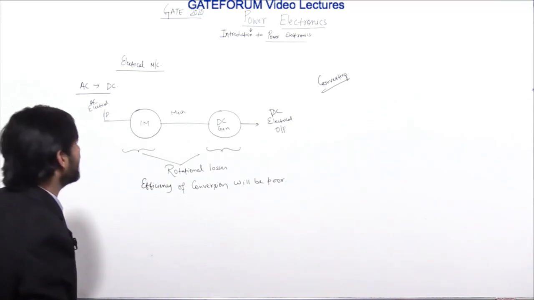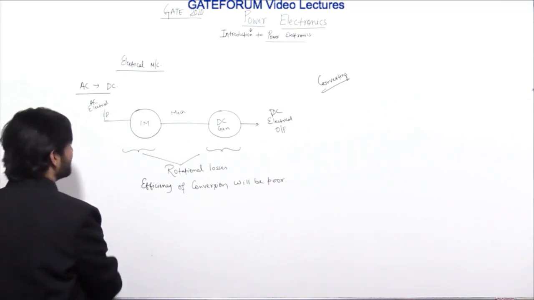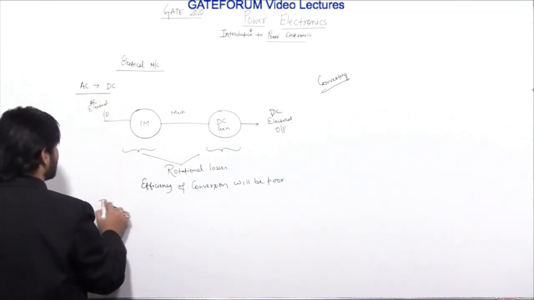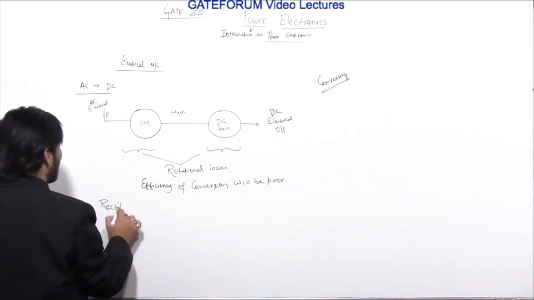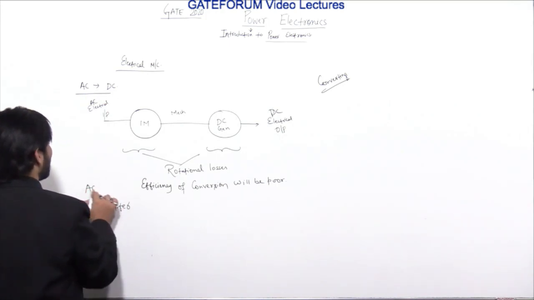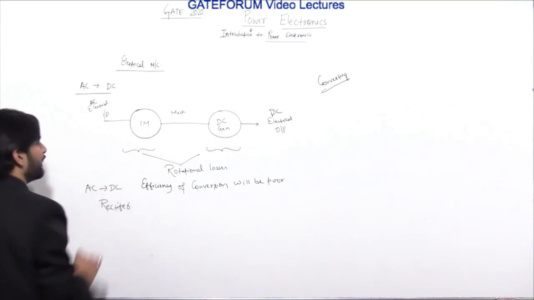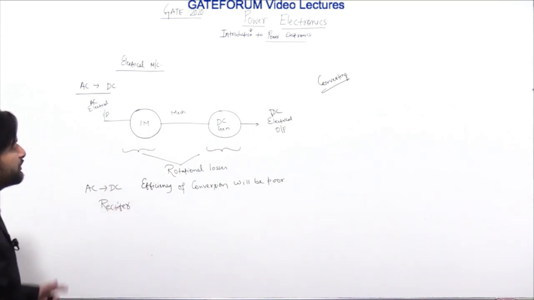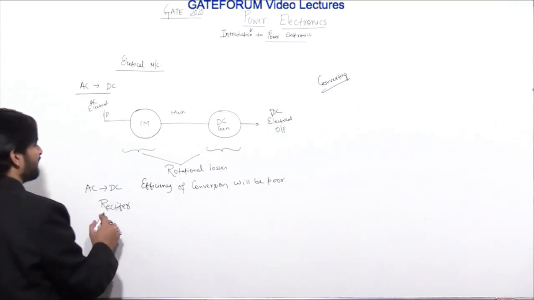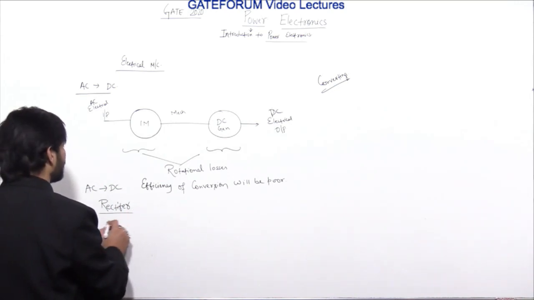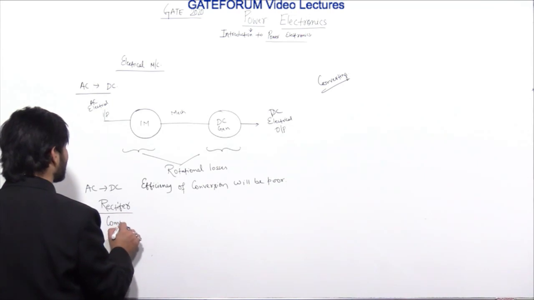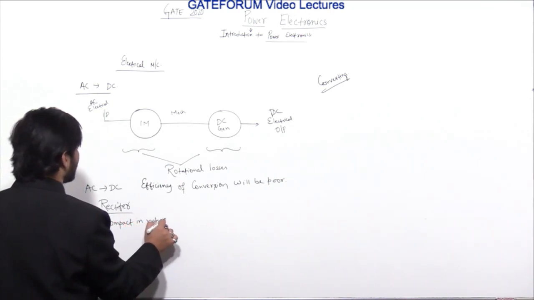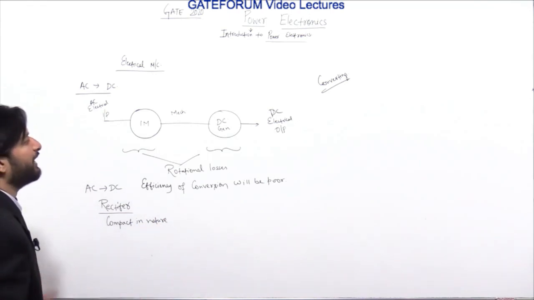Rather, I would be using power electronic devices, such as a rectifier for converting AC to DC, because it will have good efficiency of conversion, and we can use high power switches in it, and it will have lesser losses. Moreover, it will be compact in nature and would not require a huge space.